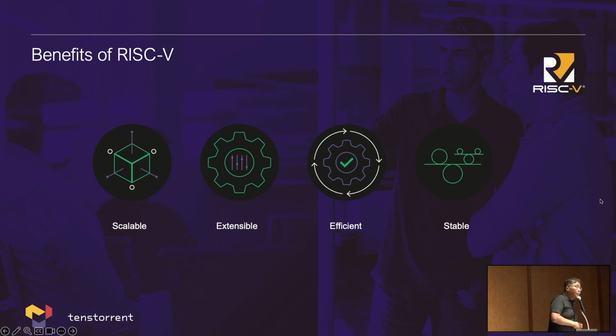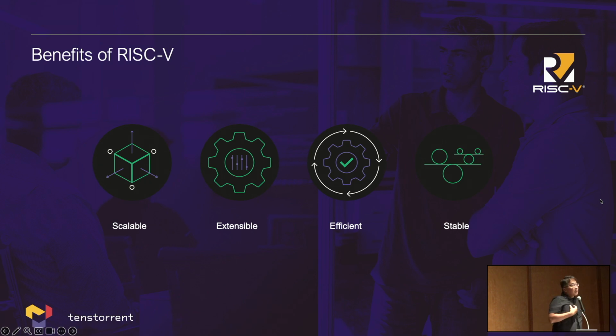And also, it's stable. What stability means is that as a company or technology innovator, you want multiple sources of IP coming from different places, to give you stability of supply. This is crucially important.